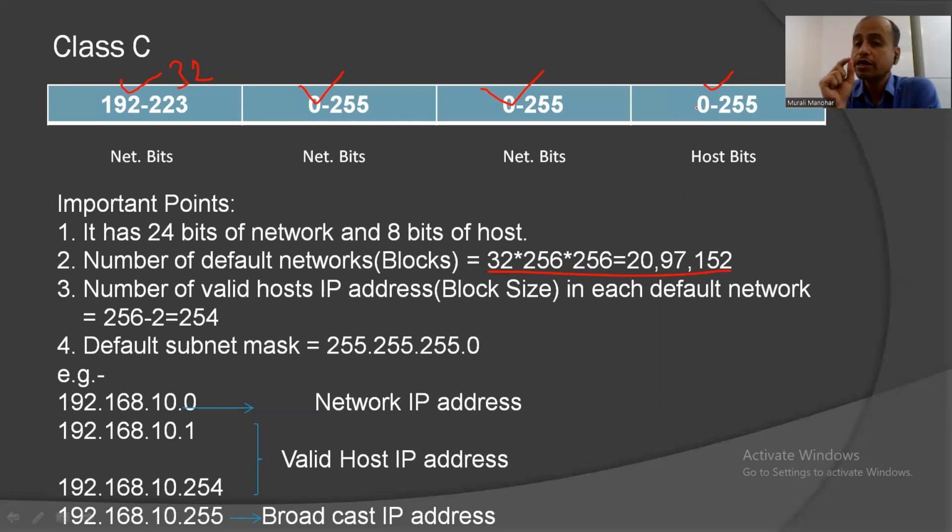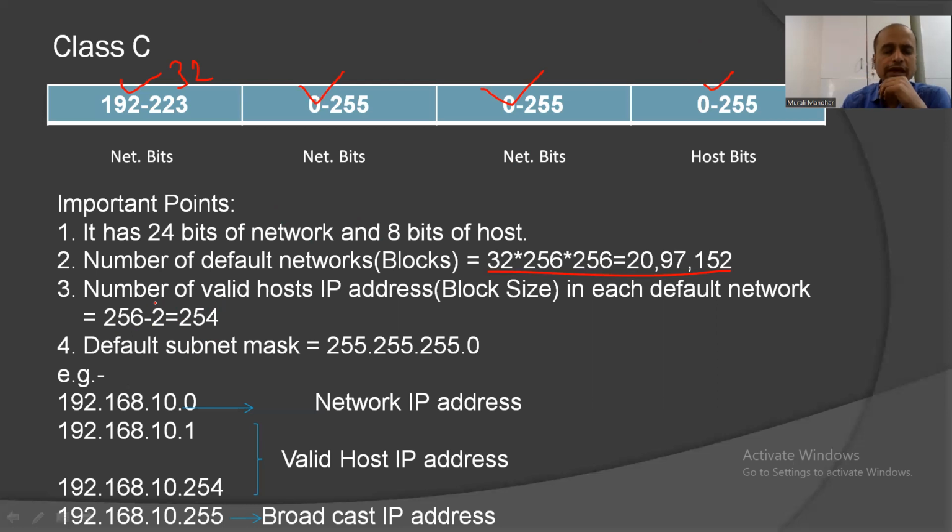So a total of 256 different IP addresses can be formed in a single network of class C. But from this value, we have to reduce 2, as we have already done in class A and B. If you want to understand it properly, you can see my last two videos. So the total actual nodes that can be connected into a network will be 254: 256 minus 2.